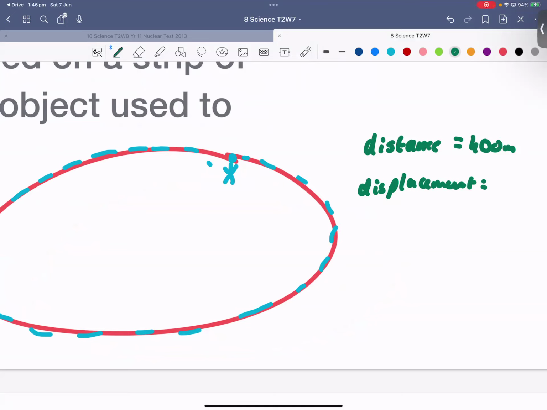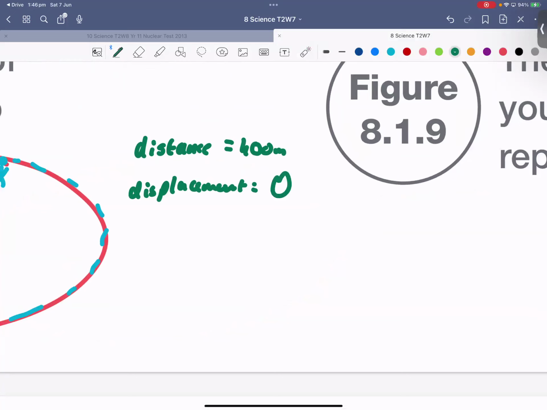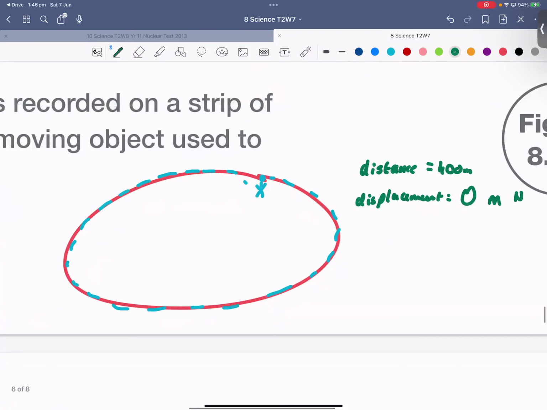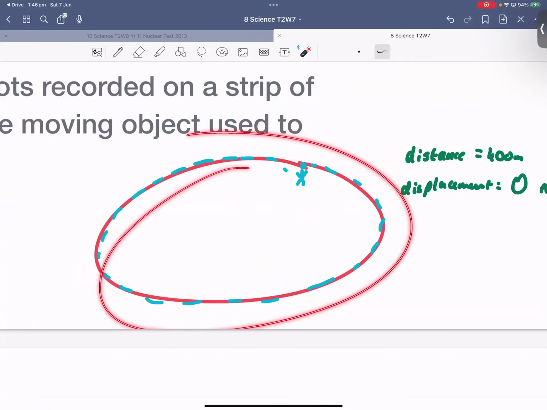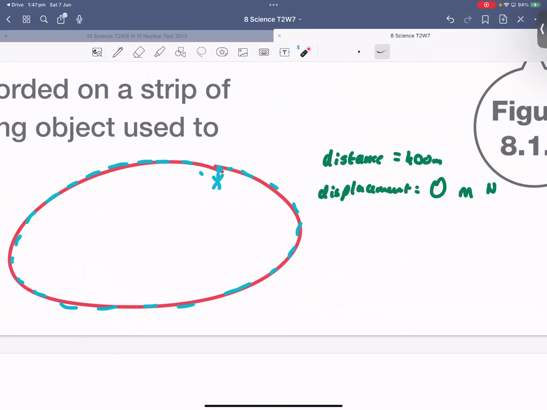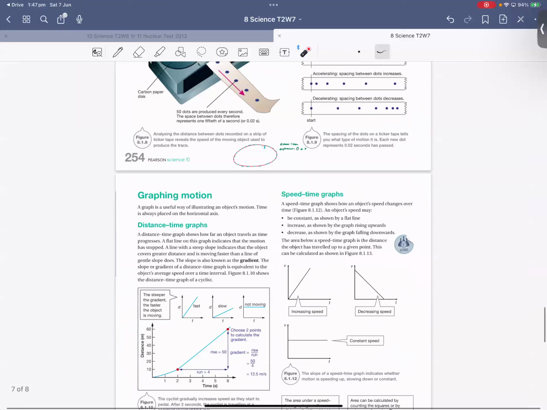Guys, what was displacement again? The straight line distance between start and end. Don't they start and end in the same place? So your displacement is 0. Whatever, meters north or whatever, no one cares, you can give it any unit. But please know this 400 thing. I've seen this in a test before. They asked in part A and part B, for 2 marks, and you have to know both. Not many people got this right.